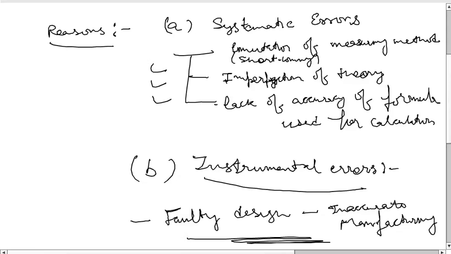For example, you want to keep these three objects, your screen, your mirror and your object, in the same line, right? Their centers should be in the same line. Now you are watching with your eye that they should be in the same line. And if by your eye they are in the same line, then you will say, okay, this is perfect. But you may also encounter some parallax. That is parallax error.